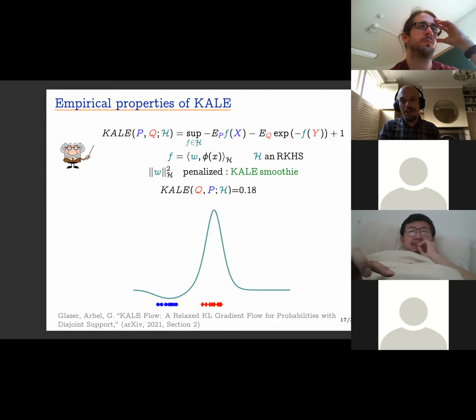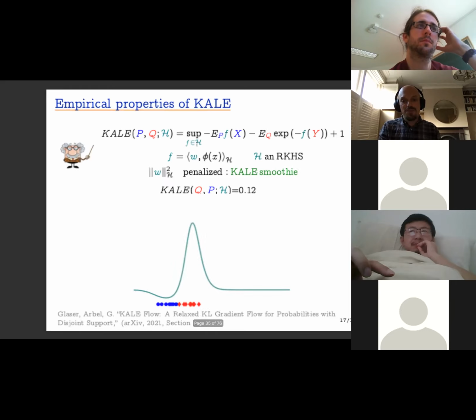On the one hand, it's well defined when blue and red have disjoint support. And on the other, as red approaches blue, this is decreasing in a well-behaved way. We're going to make this formal shortly, but I'm just showing you intuitively what's going on. In this sense, this lower bound using a well-behaved class of functions is acting like an integral probability metric rather than like a phi divergence.